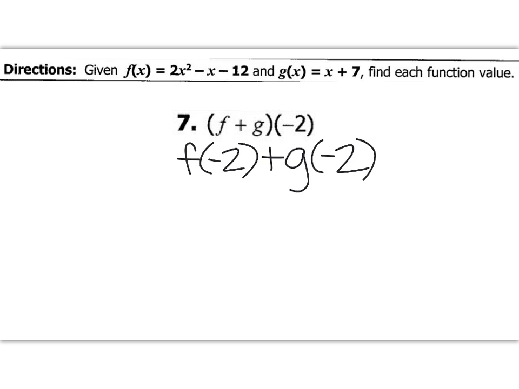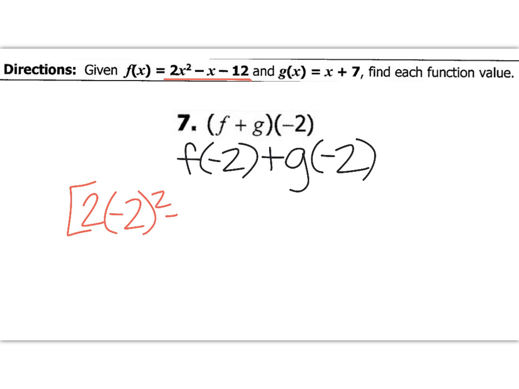The first thing you want to do is start by substituting in f of x. Anytime you see an x, substitute in a negative 2. So we have 2 times negative 2 squared, because instead of the 2x squared, we're going to plug in negative 2 for x.